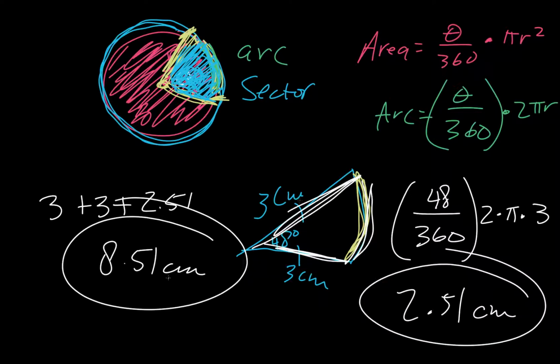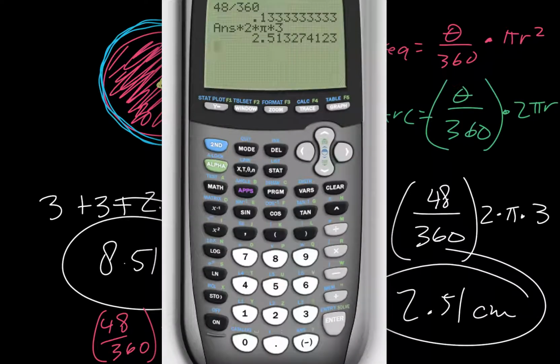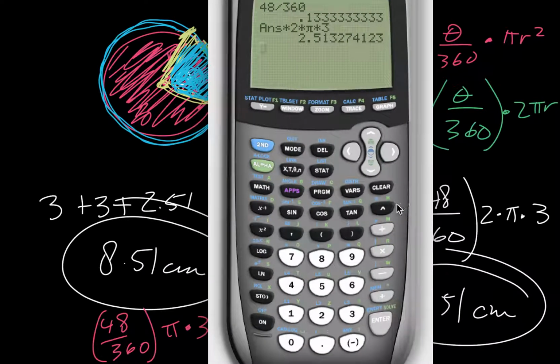So our theta is 48. And then we have pi times 3 squared. Go back to our calculator. We get 48 divided by 360. Then we times that by pi. Then we times that by 3 squared.